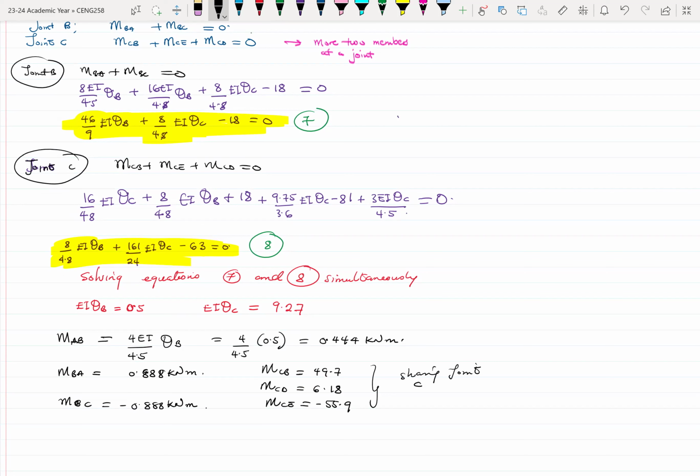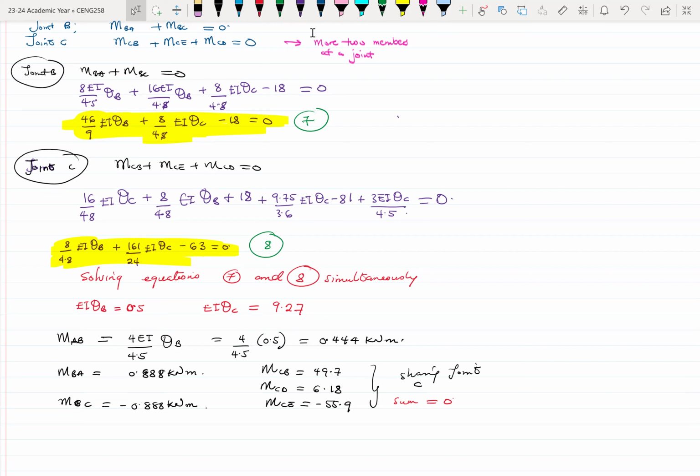So if they are sharing joint C, what it means is that if you sum them all up, it should be equal to 0. Okay. So that's one way to check. When you take the internal end moment at a joint and sum them up, they should give you 0. That's how you came up with the equilibrium equations, right?